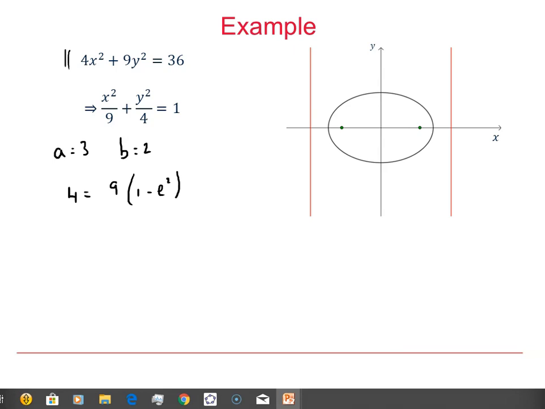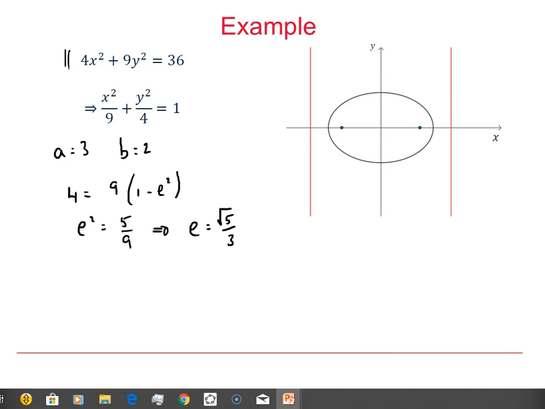So dividing by 9, subtracting from 1, that gives us that e squared is equal to 1 minus 4 over 9, so that's 5 over 9, and therefore the eccentricity e is equal to the square root of that, root 5 over 3.